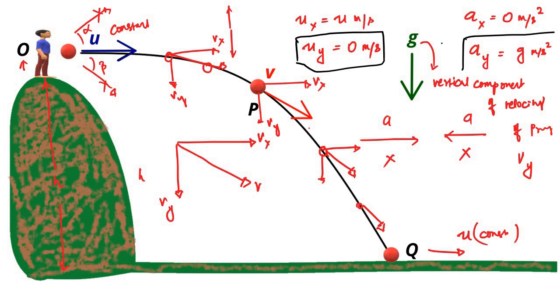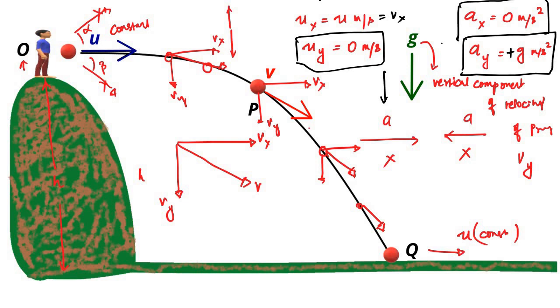It increases. So for the vertical motion or the downward motion of the object, acceleration due to gravity is also downward, and the motion of the object is also downward. So g is plus. And there is no acceleration along the horizontal direction, so ax is 0, and the horizontal component remains constant throughout, equal to u meter per second.